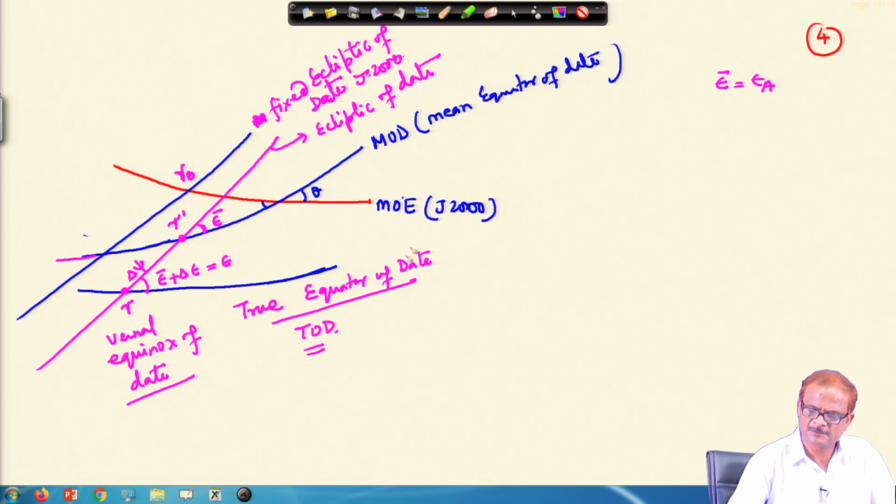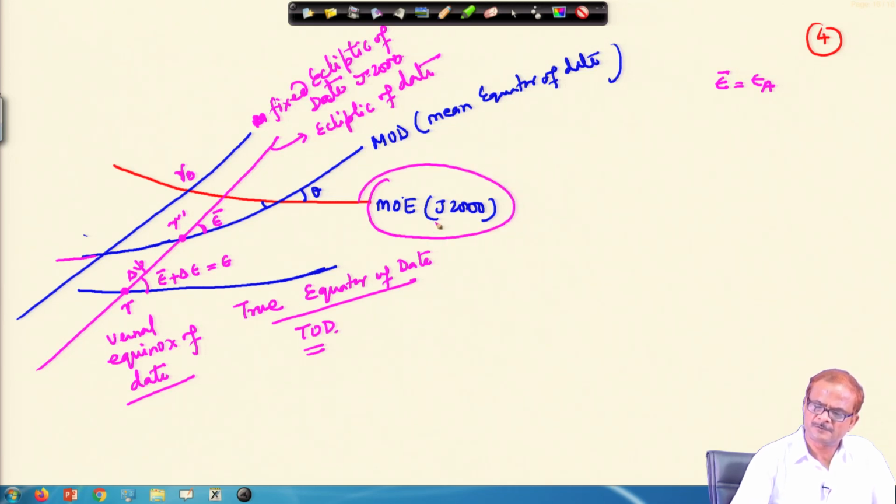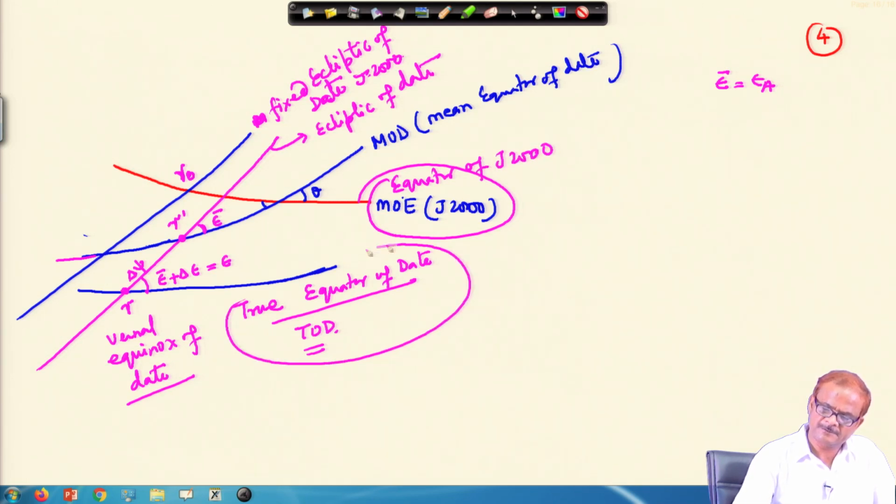This suffices for our need. That means, coming from the mean equator of epoch, or equator of J2000, to the true equator of date, TOD, it involves the precession and the nutation correction.